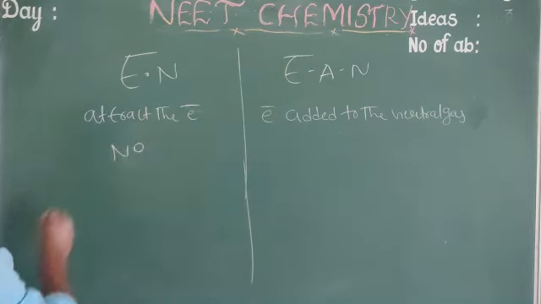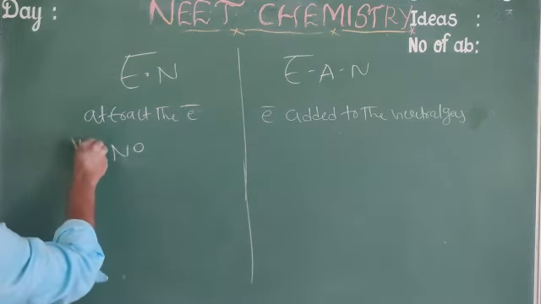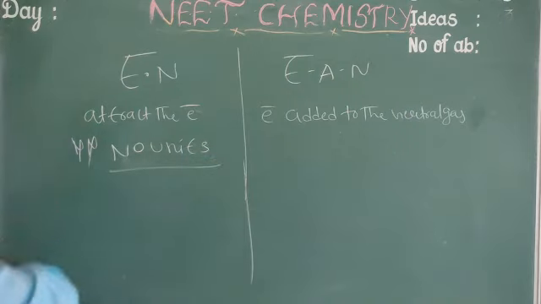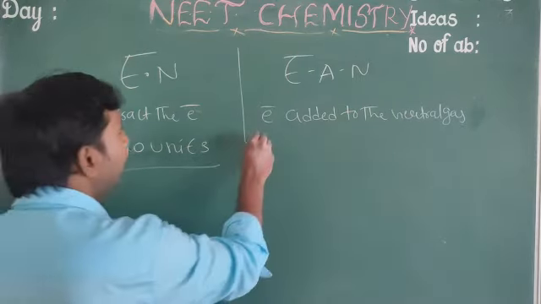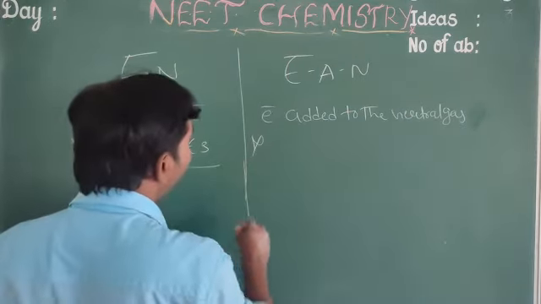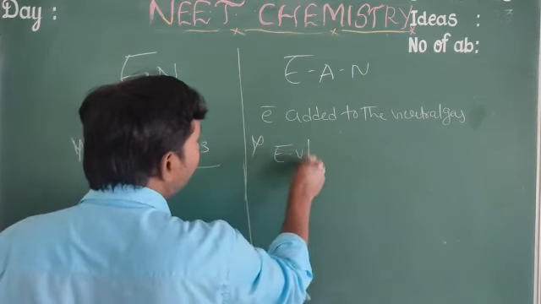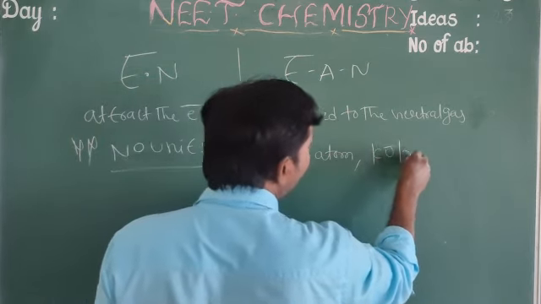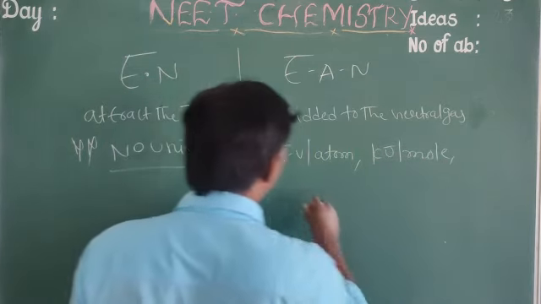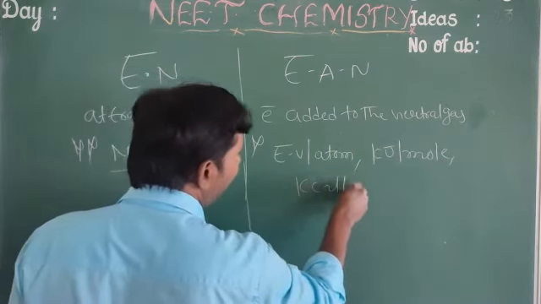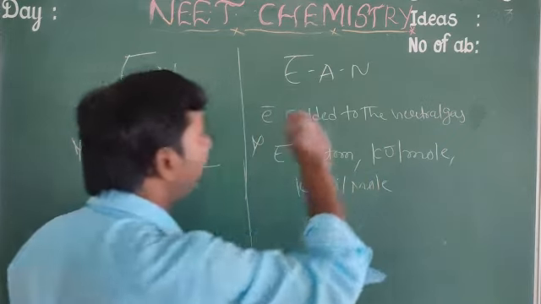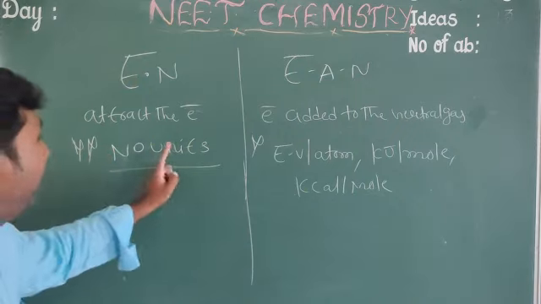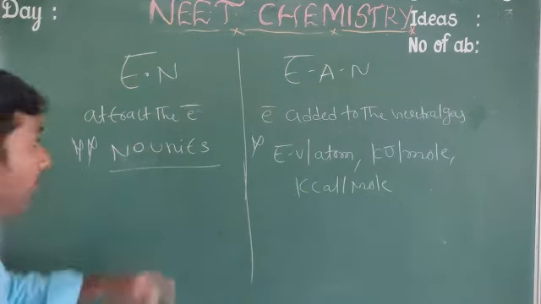Next, electronegativity has no units. This is a very important point. Electron affinity has units: electron volts per atom, or kilojoules per mole, or kilocalories per mole. So electron affinity has units, electronegativity has none. Theoretical questions come up.